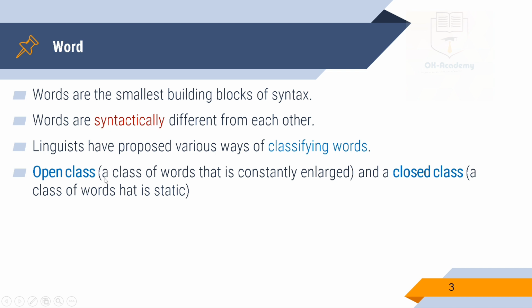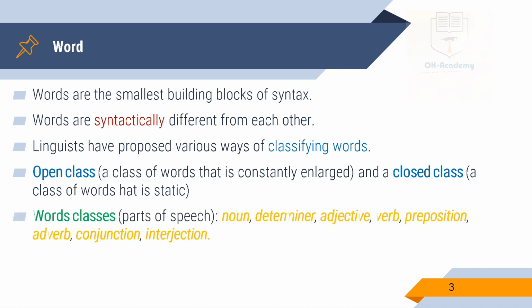They are divided into open classes and closed classes, as you can see here. An open class is a class of words that is constantly enlarged, which means we can add new words. The open class encompasses verbs, nouns, adjectives, and adverbs, while a closed class is a class of words that is static.